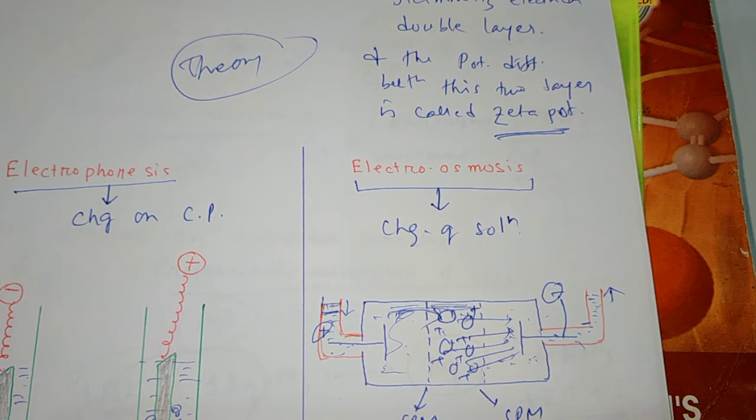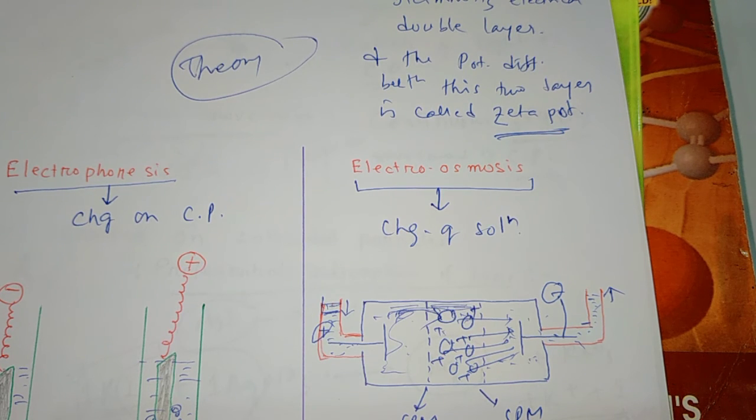So in brief, student, what we have learned today: there is charge on the colloidal particles. Before that we have learned some effects, Tyndall effect, colligative property, all these things. We have learned charge on the colloidal particles, then how the charge comes whenever we take the excess of one reagent, so that colloidal particles either attract positive or negative ions from the solution.